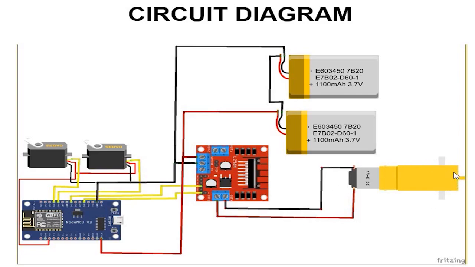This motor right here I use to control the conveyor. We are using a DC motor of 3.6 volt. The whole system is powered by two batteries with 3.7 volt and current 1100 milliamp hour.